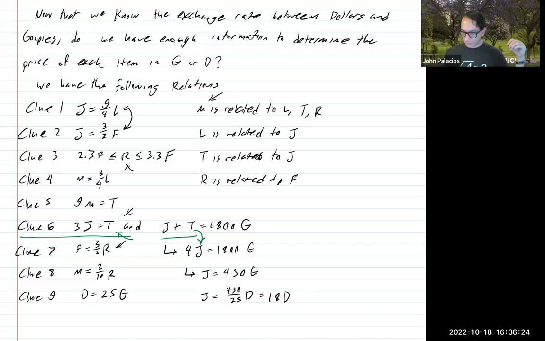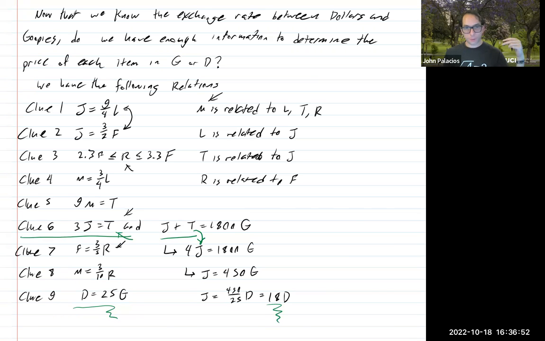And we know that the exchange rate between dollars and goopies, thanks to clue number 9, is that a dollar is worth 25 goopies, and so a goopy is worth 1/25 of a dollar, so we can substitute that in here. And so we have a jacket is equal to 450 over 25, or $18.